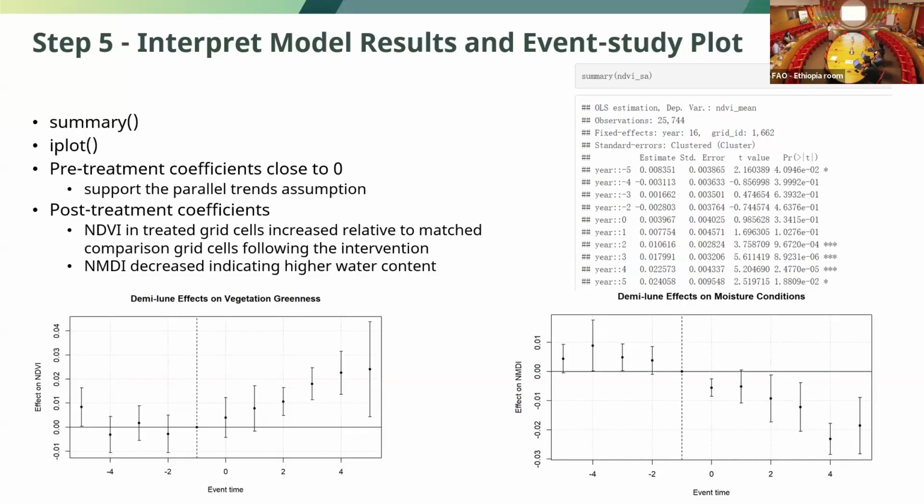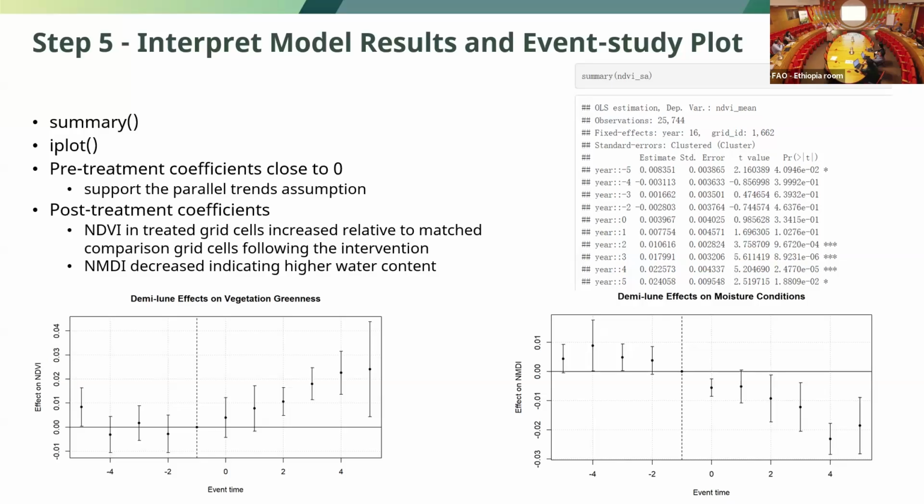What is year zero again? Year zero is the first time any Demi-lune was created. So the zero indicates the treatment time. It's the year we found those Demi-lunes on the images. And then 1 year is 1 year later that we found those images. The reason they use 0, 1, 2 instead of the actual year is because they average the whole effects together.